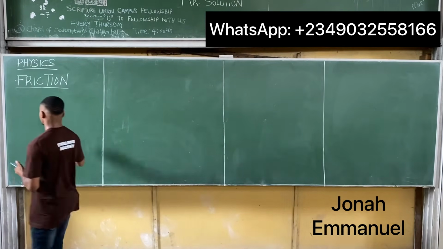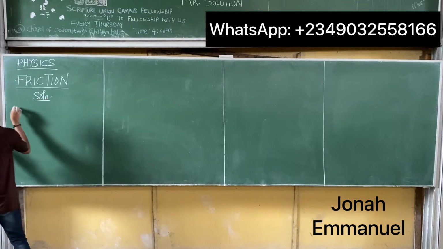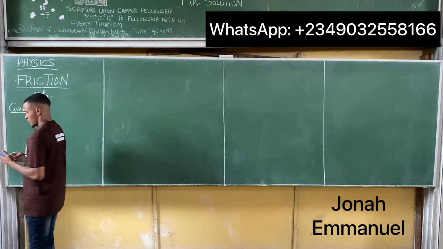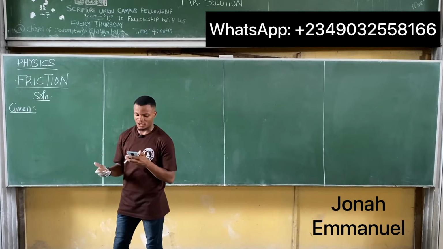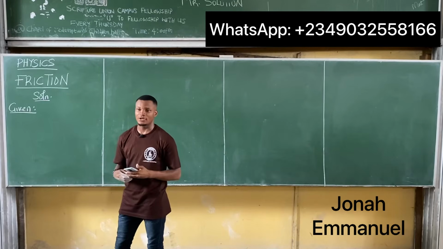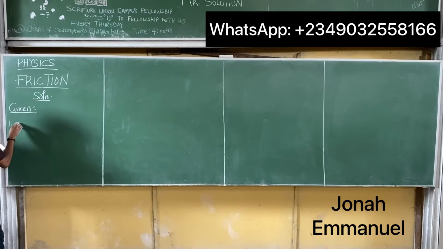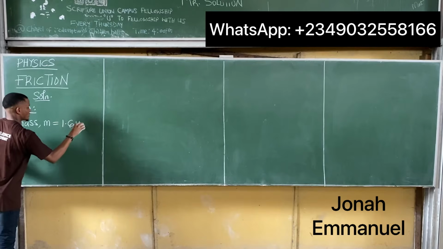Solution: I will list out my given parameters so I can see what I have. Number one, the mass of the wood, M is equal to 1.6 kilograms.